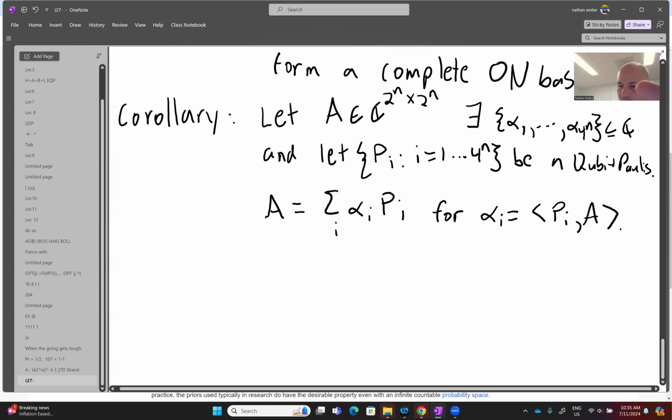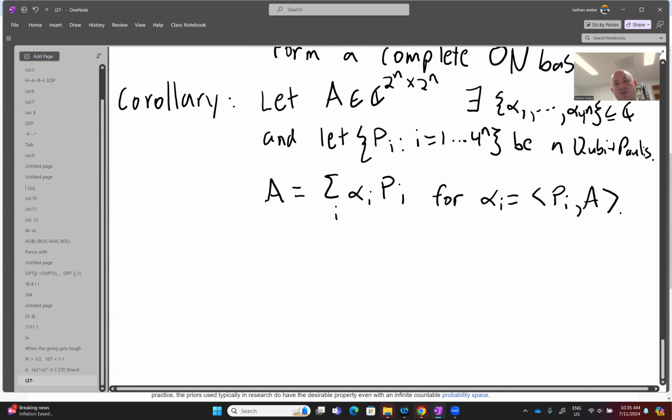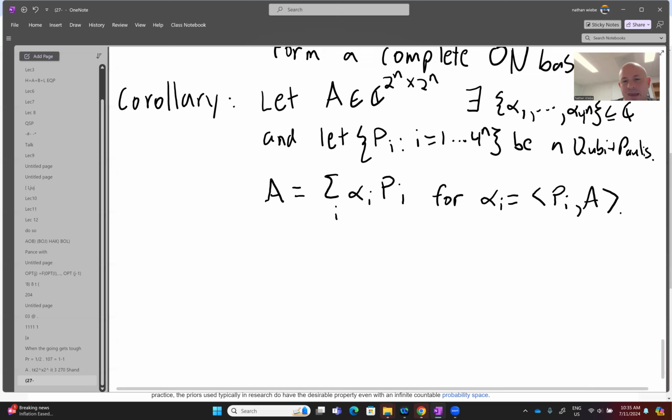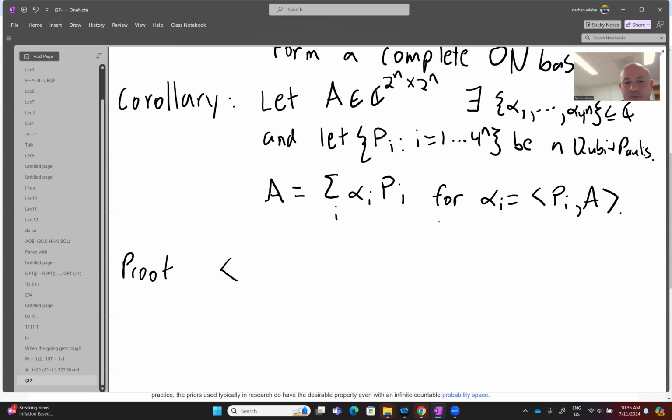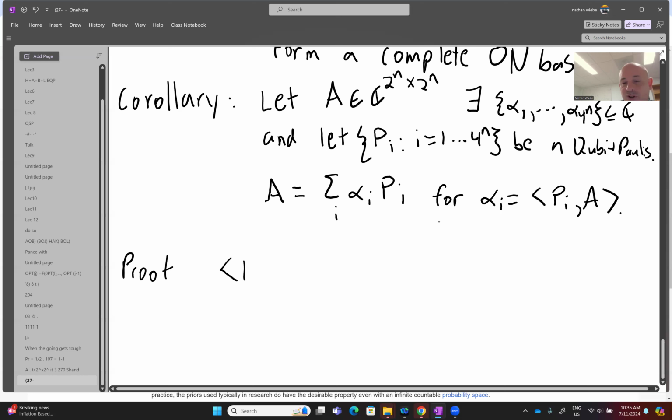Okay. And so the way that we can end up seeing this is as follows. Let's assume that we have an expansion like this. So if A is equal to the sum over alpha i Pi's, then we can just compute the inner product of vector A on the left with any other vector we feel like. So let's do this for the Pauli operators, which again form a complete orthonormal basis.